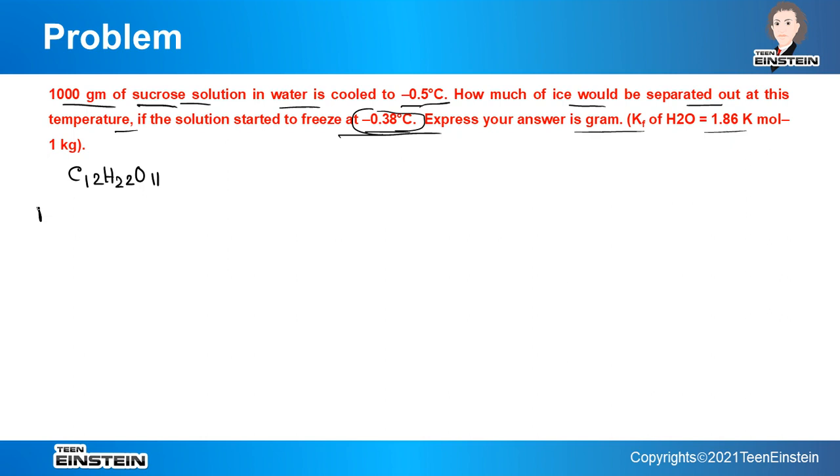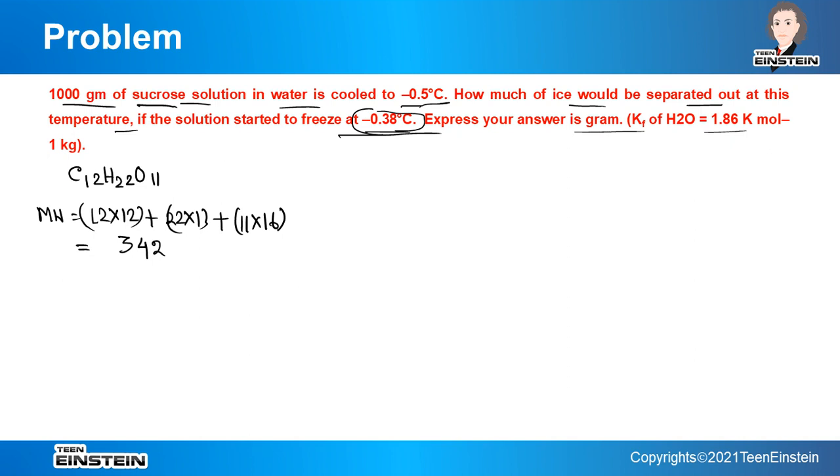C12H22O11. So the molecular weight will be 12 for carbon, 12 into 12. For hydrogen it is 22 into 1, and for oxygen it is 11 into 16. So this will be equal to 342. This is the molecular weight of sucrose.